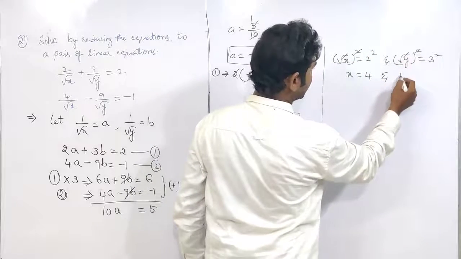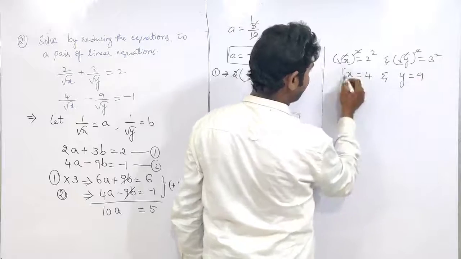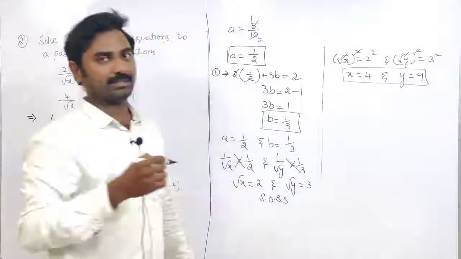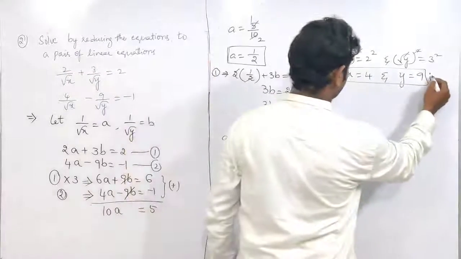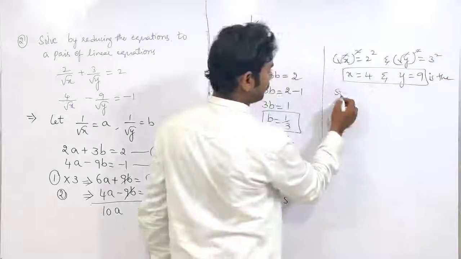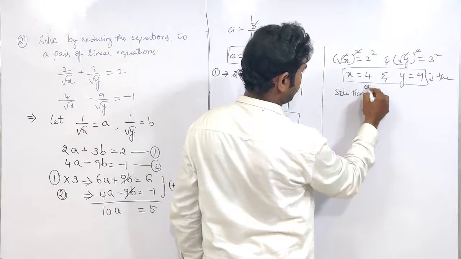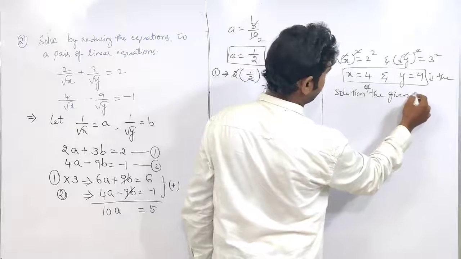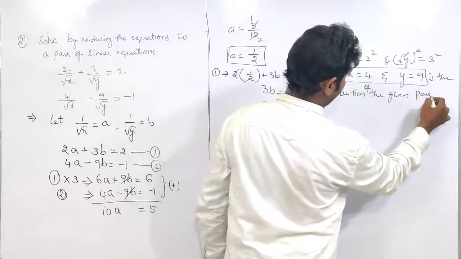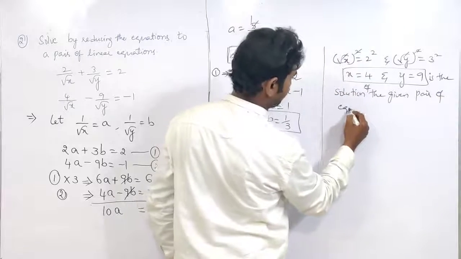Here also the square root gets cancelled, y is equal to 3 3s are 9. 2 2s are 4 and 3 3s are 9. This is the solution of the given pair of equations.